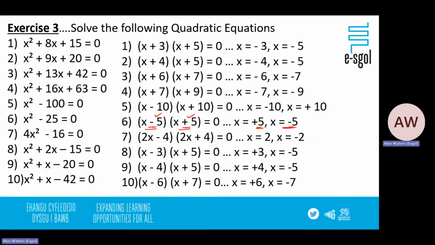Okay. With this one, when you factorized, you've got 2x minus 4 equal to 0. So when you move the minus 4 over, you end up with 2x is 4. So x is 2 is one answer, and then the other way around, x is minus 2 is the other answer.